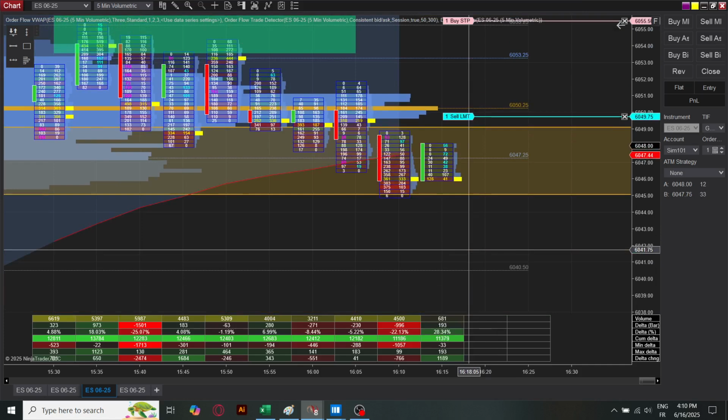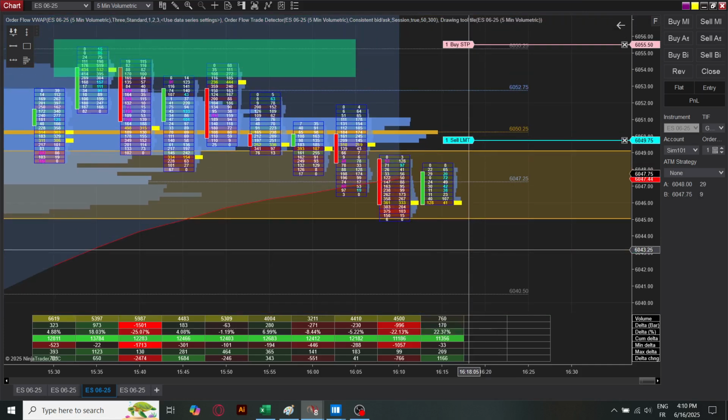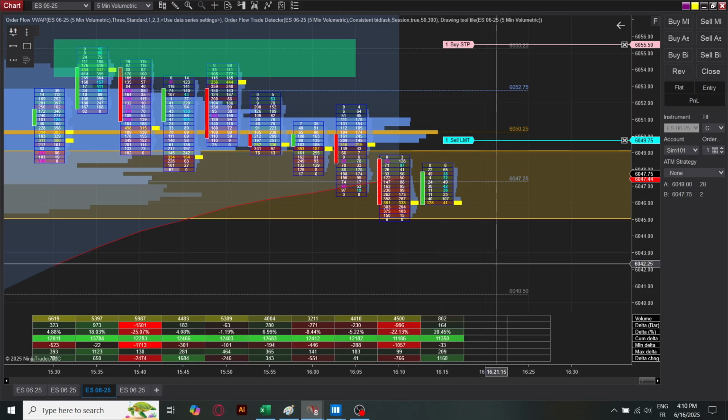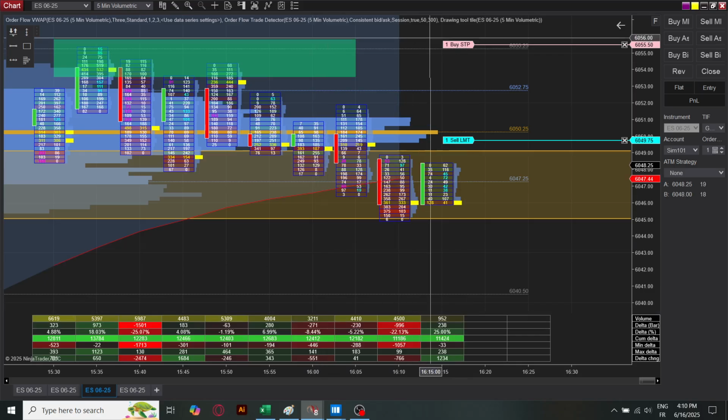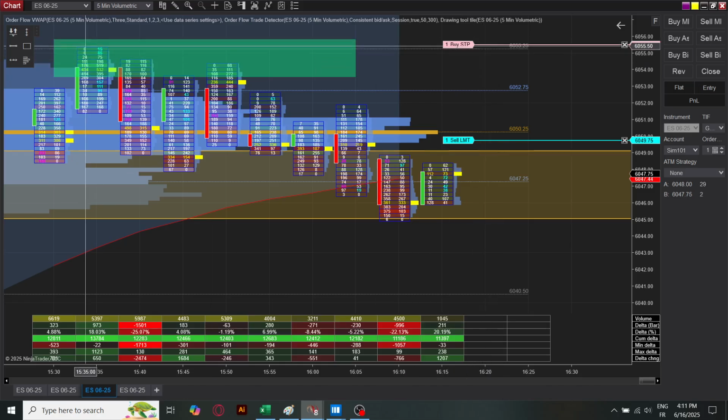From 26 we have 24 points. So 24 divided by 6, we have a 4 risk reward ratio here. And my stop is slightly above this iceberg order.